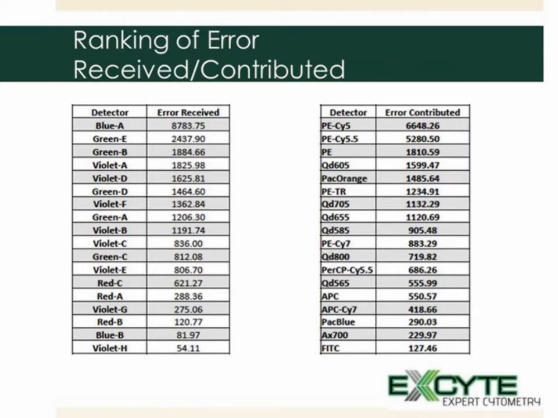For example, on this instrument, the blue A 488 excitation with a 510/50 bandpass filter, which was shown several slides ago, receives almost 10,000 channel values of error from all the fluorochromes listed on the right. PE Cy5 and PE Cy5.5 each contribute a great amount of error into the panel. Therefore, using those would not be good if we wanted to make sensitive measurements, because they're going to cause a great deal of error in a lot of places. And we want to design around using that blue A detector to receive and make sensitive measurements.